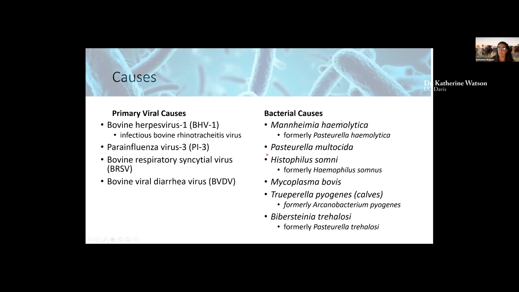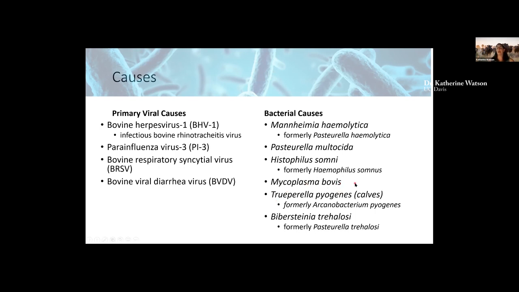Then the bacterial causes. Like I said, the bacteriologists like to change up the names. It's kind of like the artist formerly known as Prince; we have the bacteria formerly known as these different names. So Mannheimia haemolytica, Pasteurella multocida, Histophilus somni, Mycoplasma bovis, and there are other Mycoplasma species out there, but this is probably our major one.